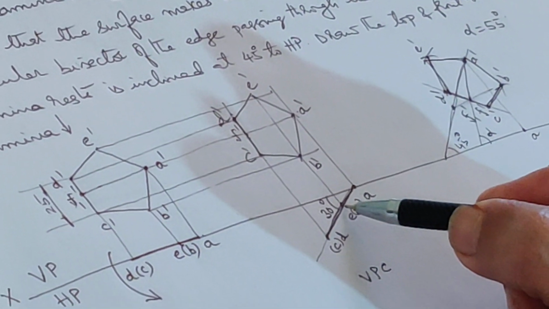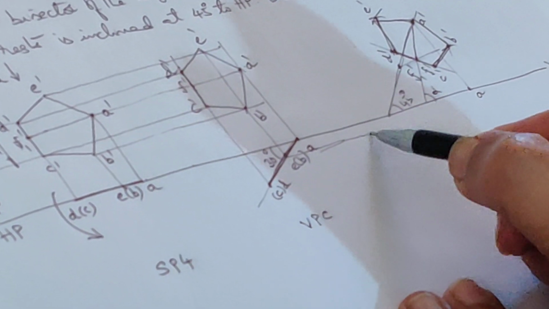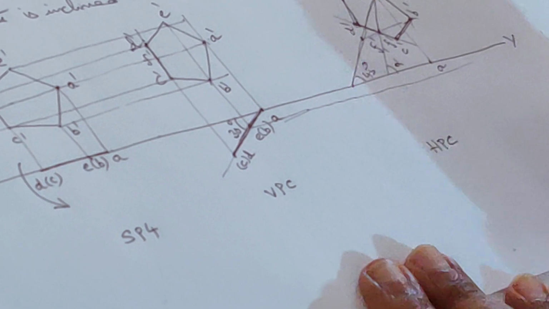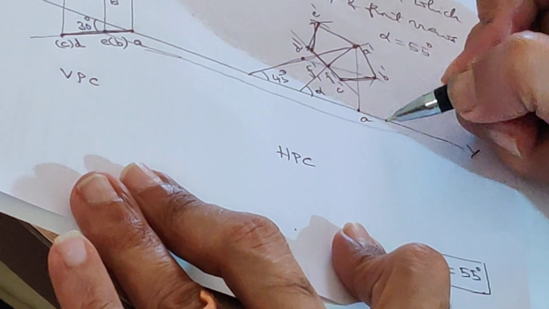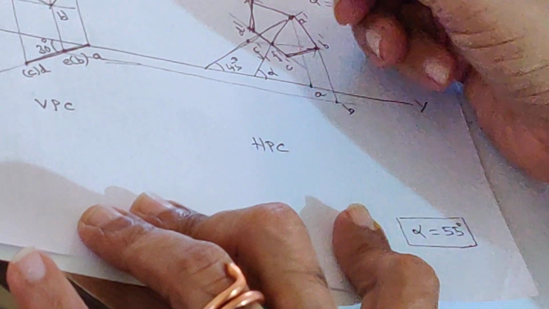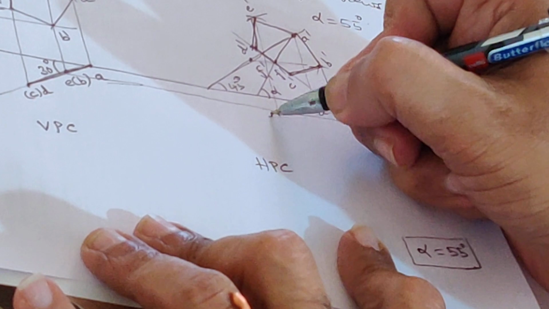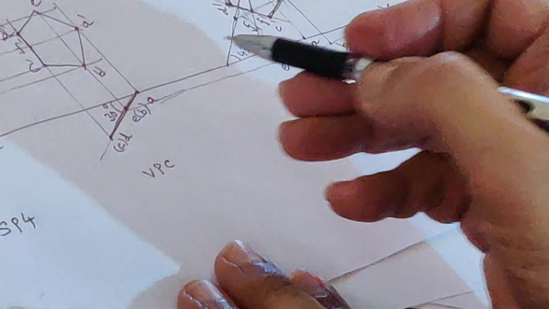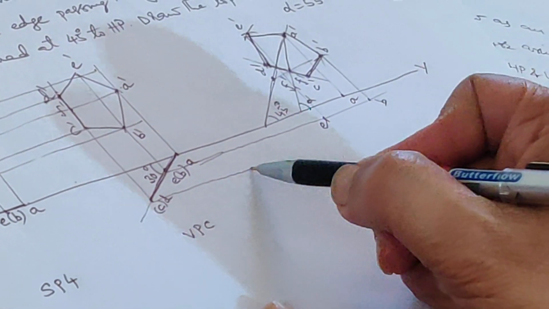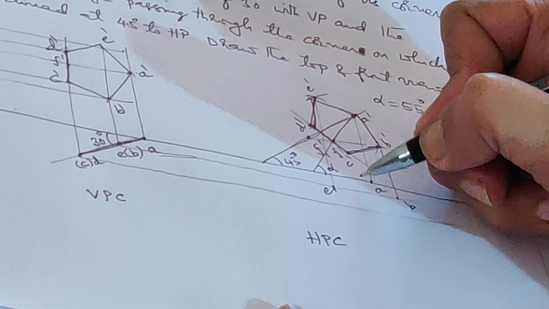Now draw the locus of the points B and E. Project B and E down. This is B. This is E. Similarly, C and D. Draw the locus of the points C and D, and project C and D down.